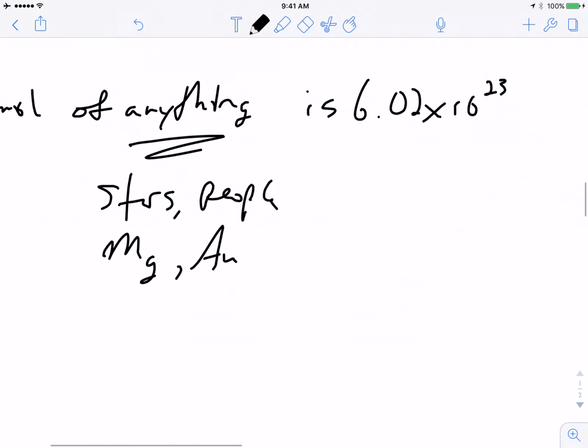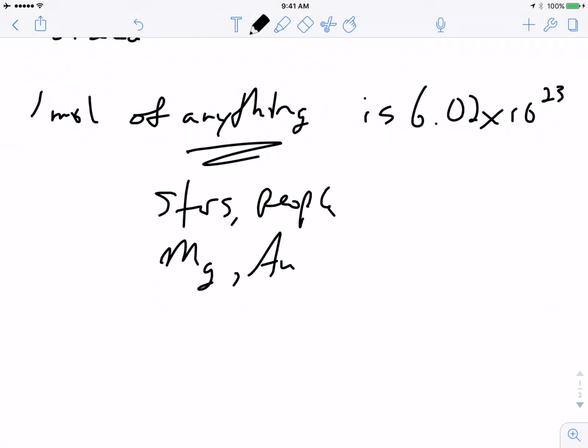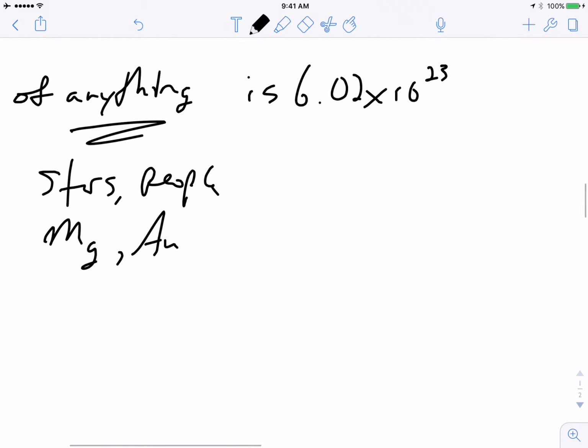So with that being said, everything is the same. 1 mole of anything is always the same. The number is always the same.